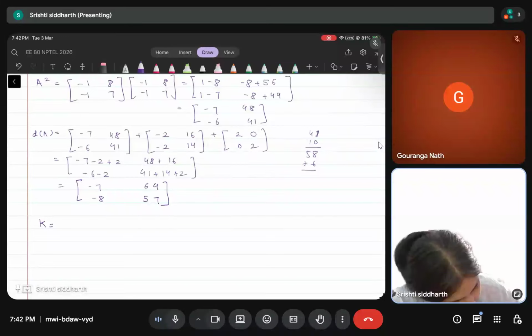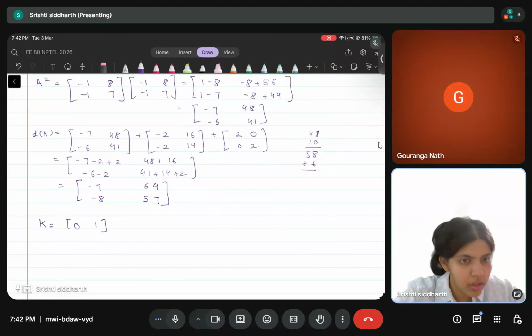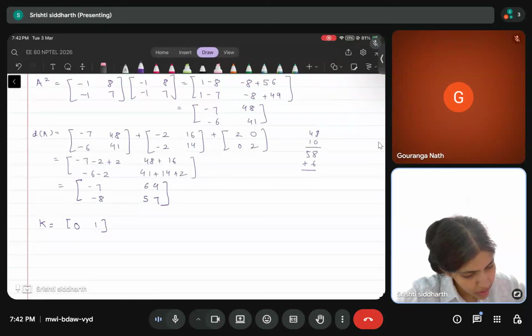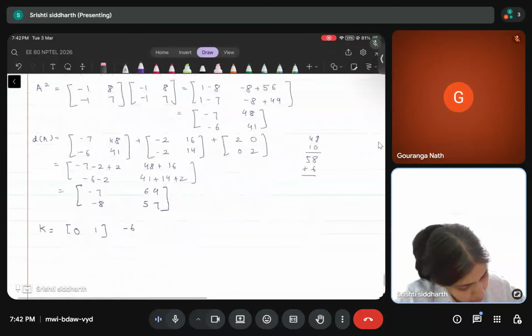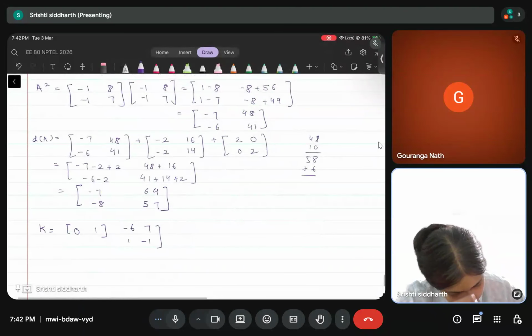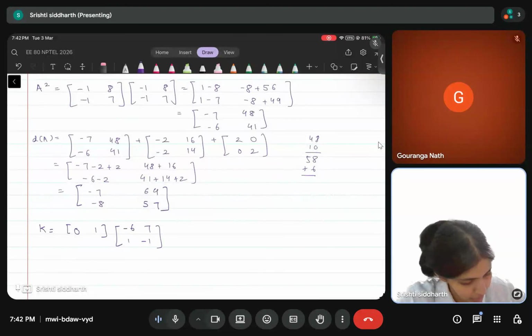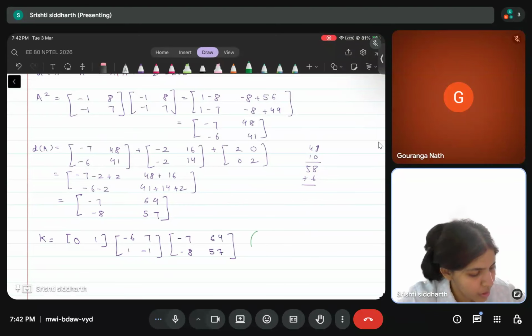K is going to be 0, 1, and C inverse, this is minus 6, 7, 1, minus 1. And then D(A). K equals 0, 1.